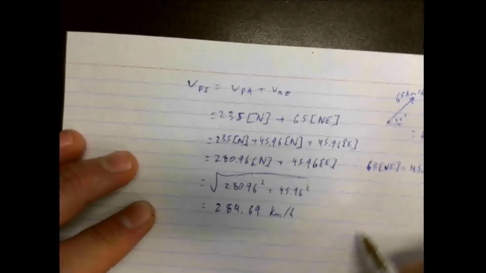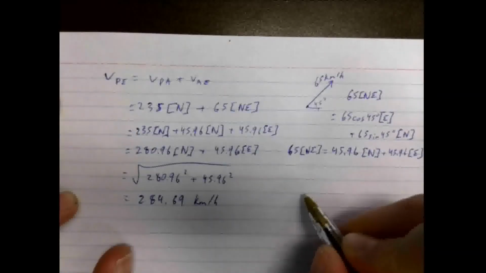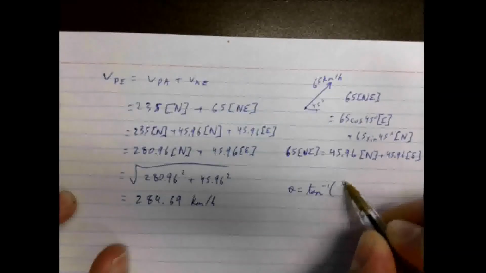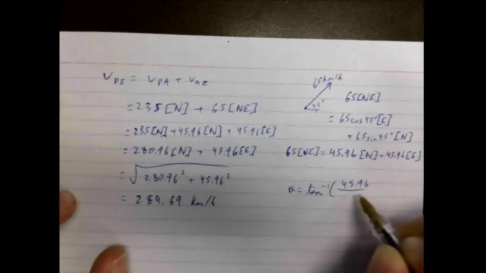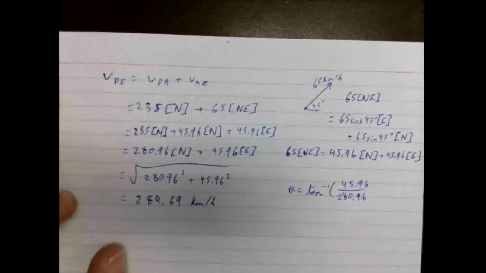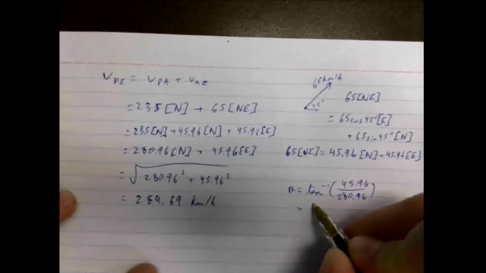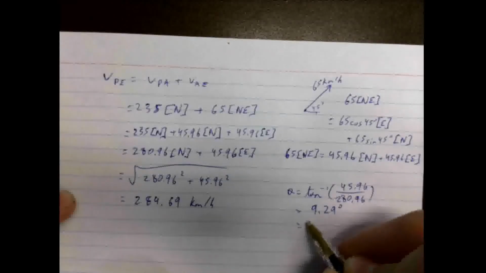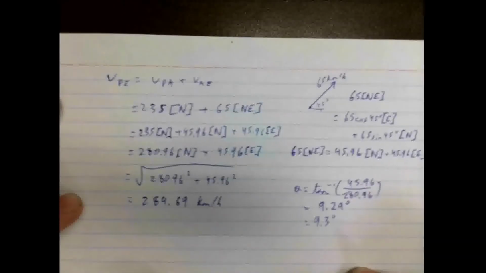And I will have to determine what the angle is, so I'm going to do the quick side calculation. Inverse tangent of 45.96 over 280.96 gets me to 9.29 degrees, which I can round to 9.3 degrees.